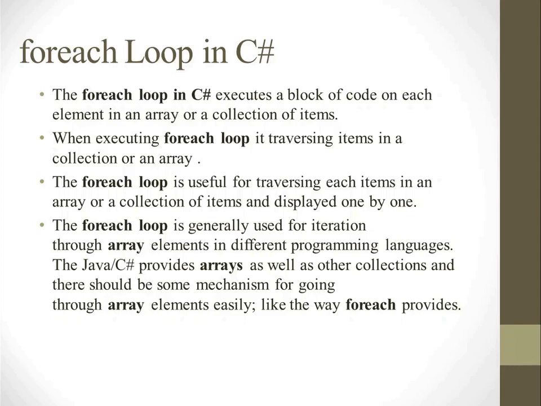So students, before implementing the for each loop within C#, first we need to learn what an array is and how an array is declared and used within C#. Then inshallah we will learn and program how the for each will be used within C# programming.